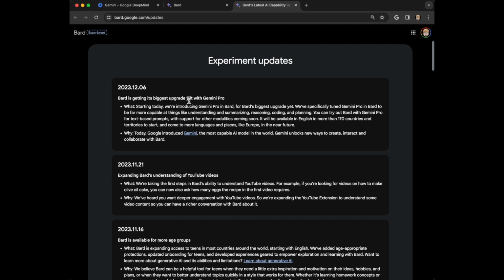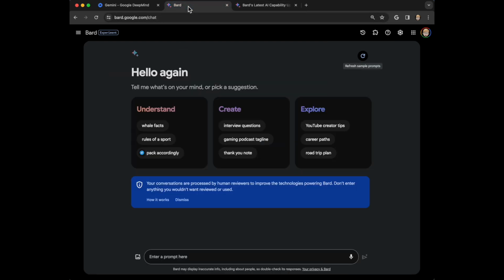It's saying you can try Bard Gemini for text-based prompts with support for other modalities coming soon. So it's been a little confusing, because there have been announcements saying it came out on the 13th. But anyway, it should be available. And so let's actually go play with Bard and check it out and see how it works.